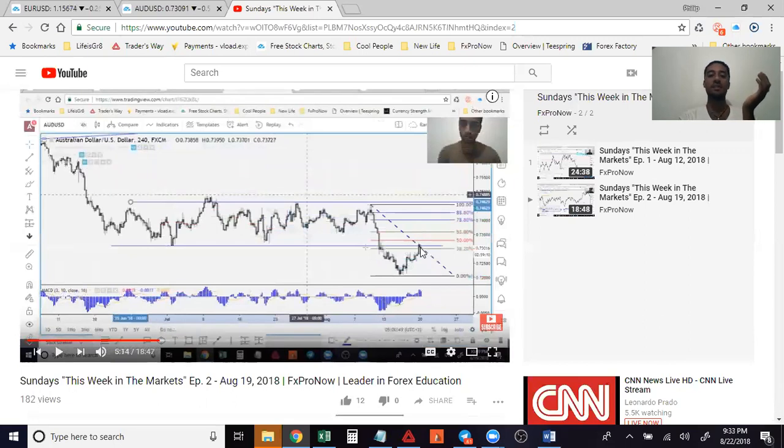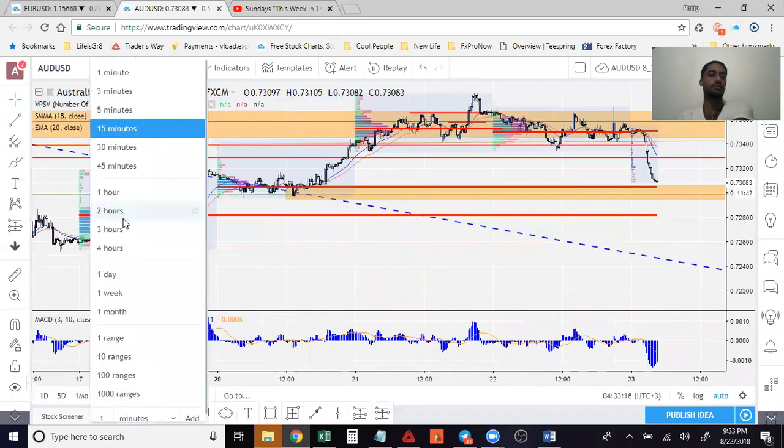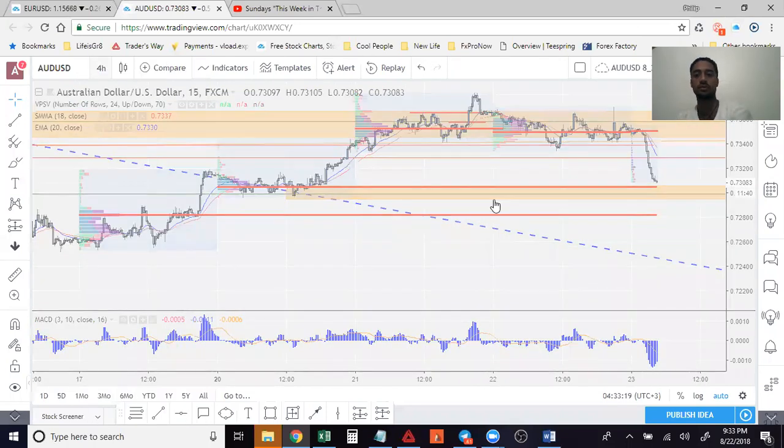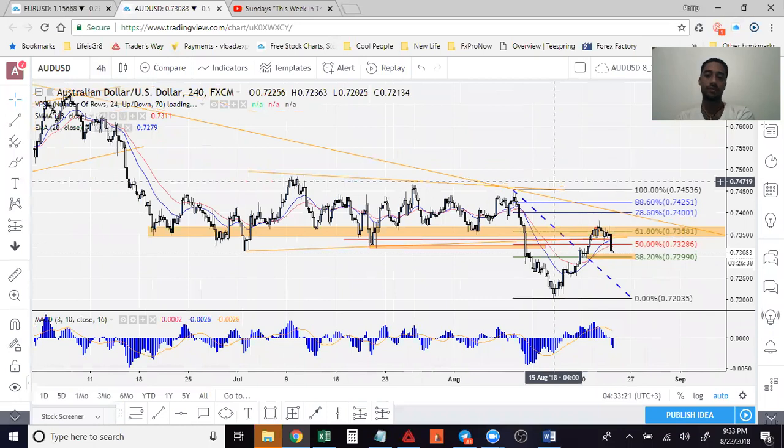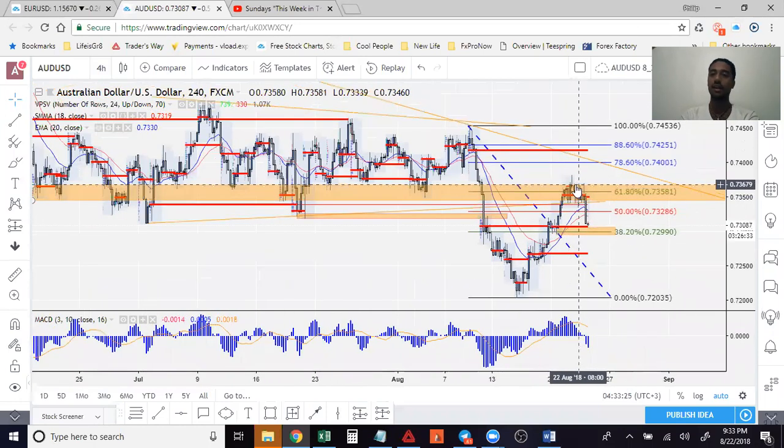Now, I don't think anybody expected price to go all the way to 100%, right? But it did. Oh, no. Did it get to 100% here? 61.8. So it got 61.8, consolidated for a long time. It literally closed past this, and I was like, what the heck's going on?